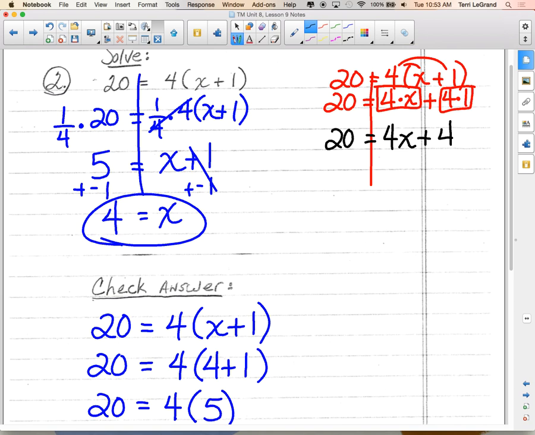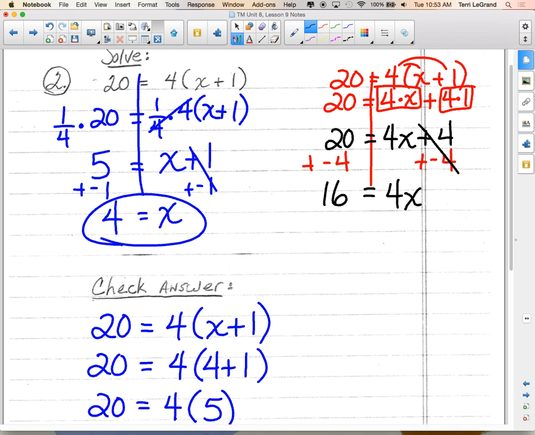It's really good information. Okay, now what? Harley. Add -4. Add a -4 to each side. Because that 4x says you guys need to get out of here. So now we have 4x alone. And 20 plus -4 is 16.